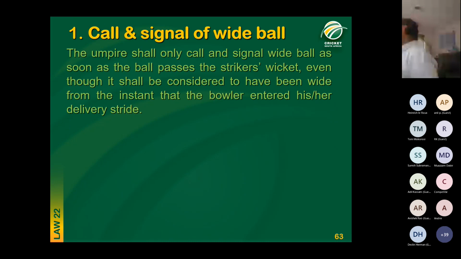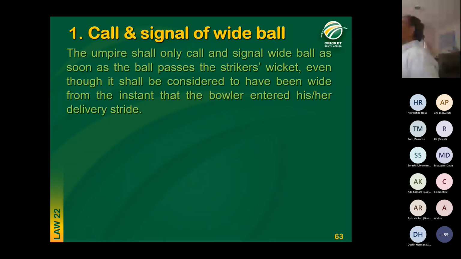When it comes to a wide ball, the law guides us that the umpire is to only call and signal wide as soon as the ball passes the striker's wicket.